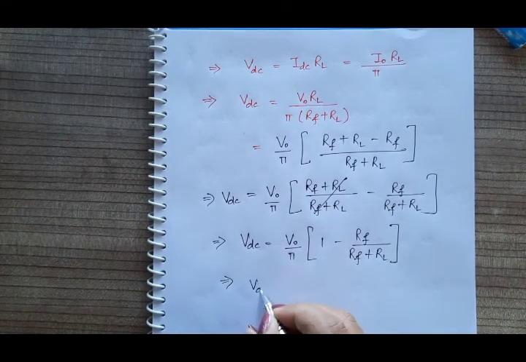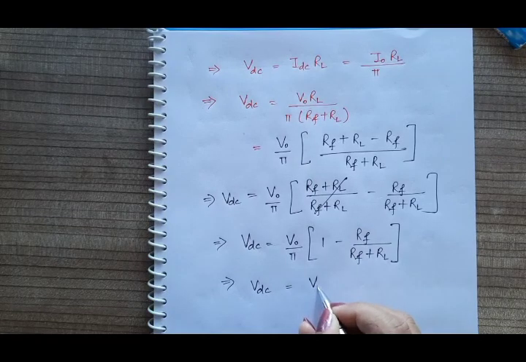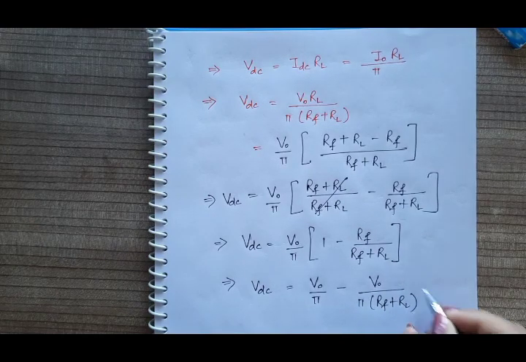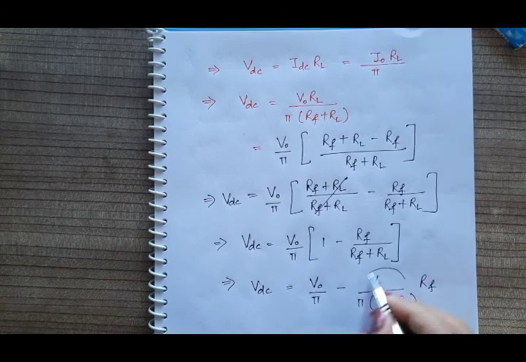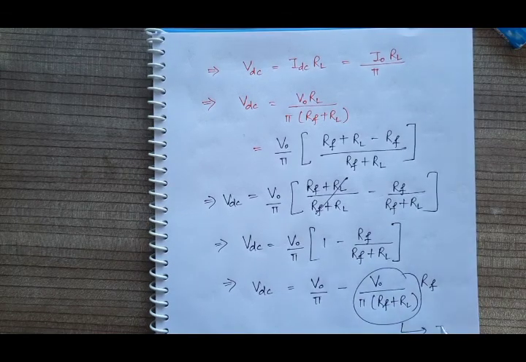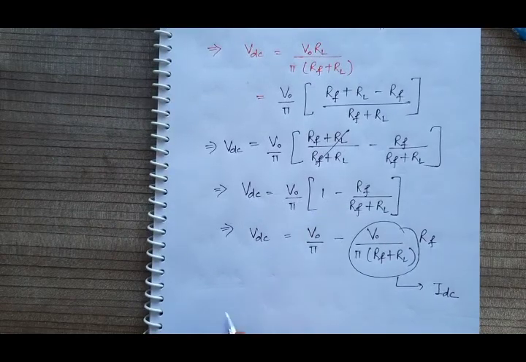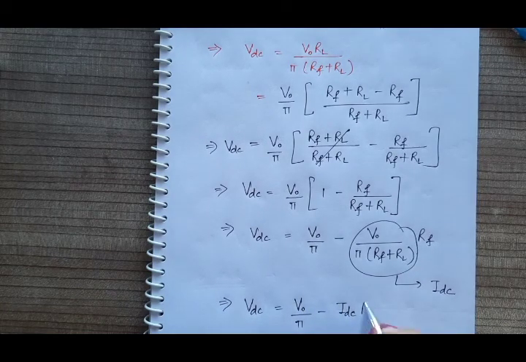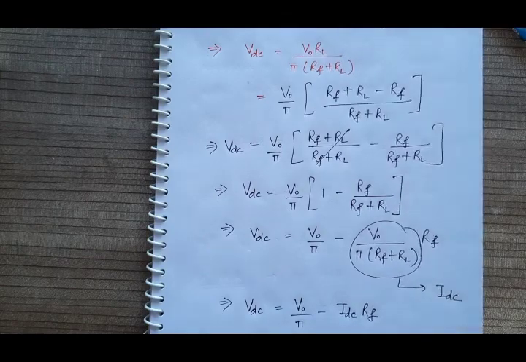VDC, it is equal to V0 by pi times 1 minus RF upon RF plus RL. So we have VDC equal to V0 by pi minus V0 by pi into RF plus RL into RF, and this is the value of IDC. So we have VDC equal to V0 by pi minus IDC RF.